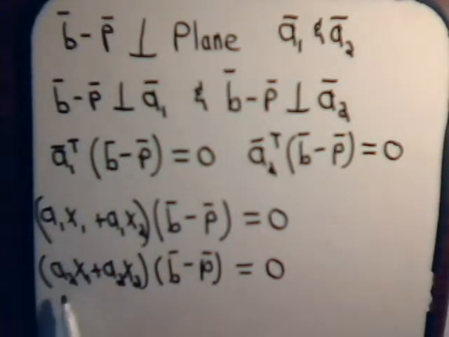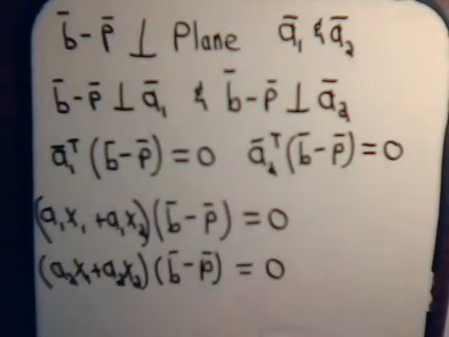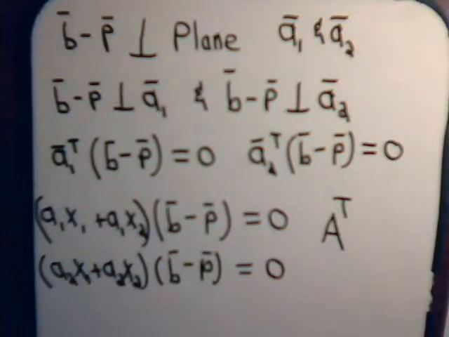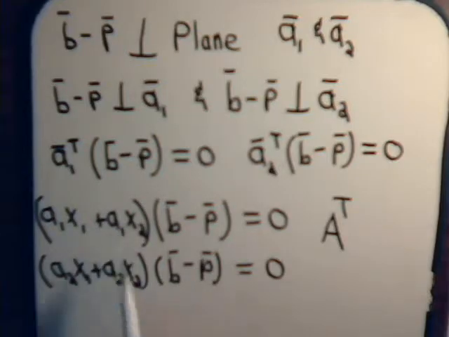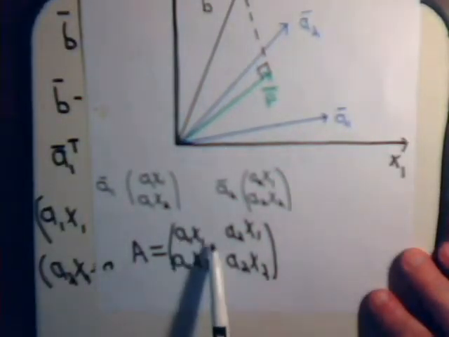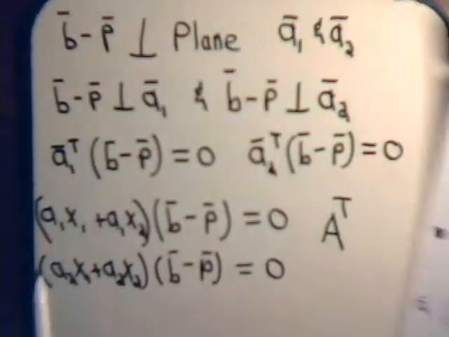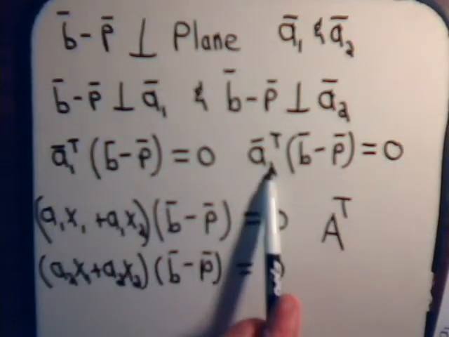Well, notice what this right here is. This is vector A transpose. Here we have A1 X1, A1 X2. Of course, if we take the transpose of this, we'll have A1 X1, A1 X2. That column becomes a row, because we did take A1 transpose. Same thing here.